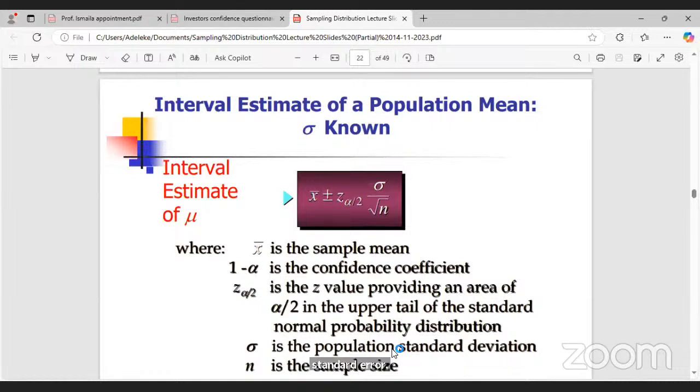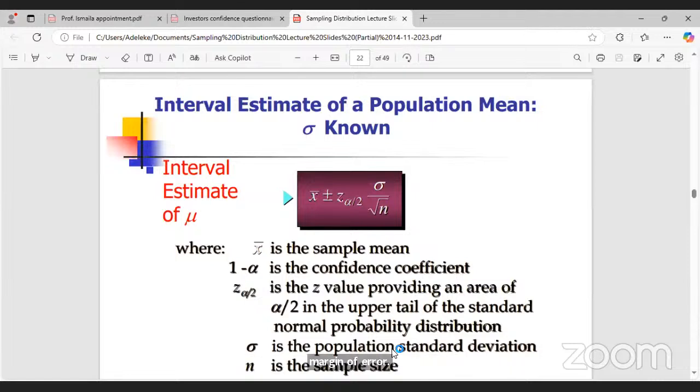Now, when you multiply that value with Z alpha over 2, which you get from the standard normal table, the very first table that I introduced when I started the class, you end up getting the margin of error.